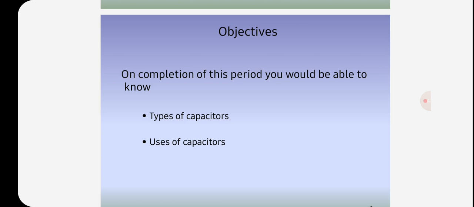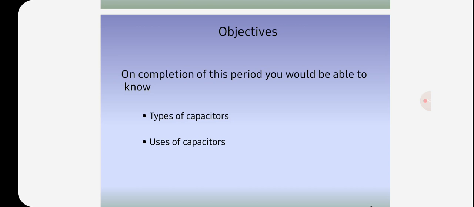Next, today our topics are types of capacitors and uses of capacitors. There are many different types of capacitors, and they each vary in their capacitance and each has its own advantages and disadvantages. Different capacitors are used for many applications in electrical and electronic circuits.